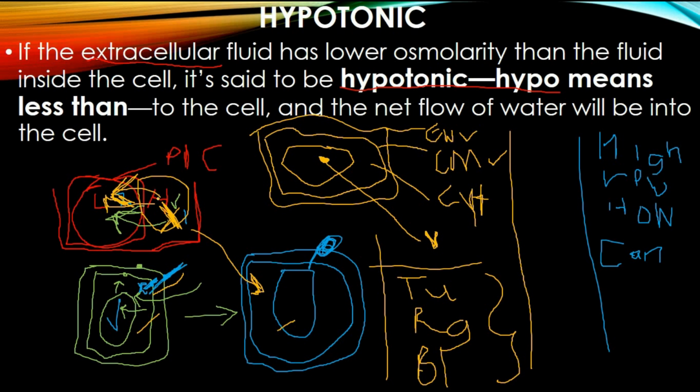What do we call this whole situation? How do we describe this cell now? What do we call this cell? This cell is turgid. Or it bulges. Okay? Good. Wonderful.